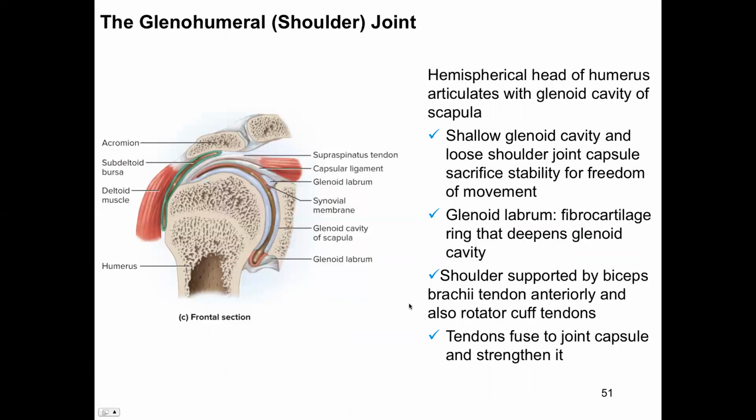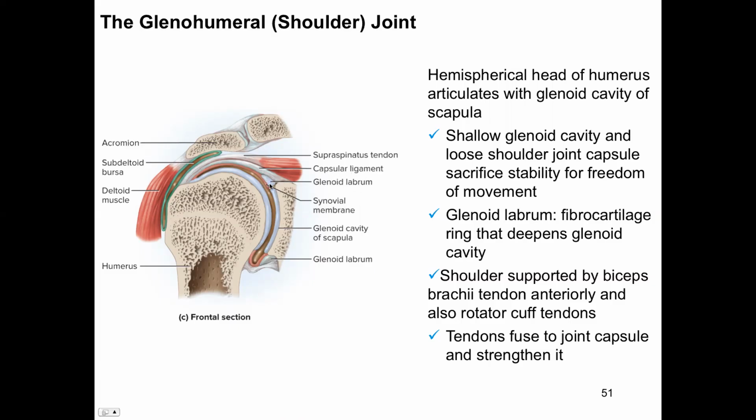And then there's the shoulder joint, and there's so much to learn there. You've got bursae, tendons, and ligaments all involved. Here you've got your shallow glenoid cavity, and there's a fibrocartilage ring, here it is, sitting there.